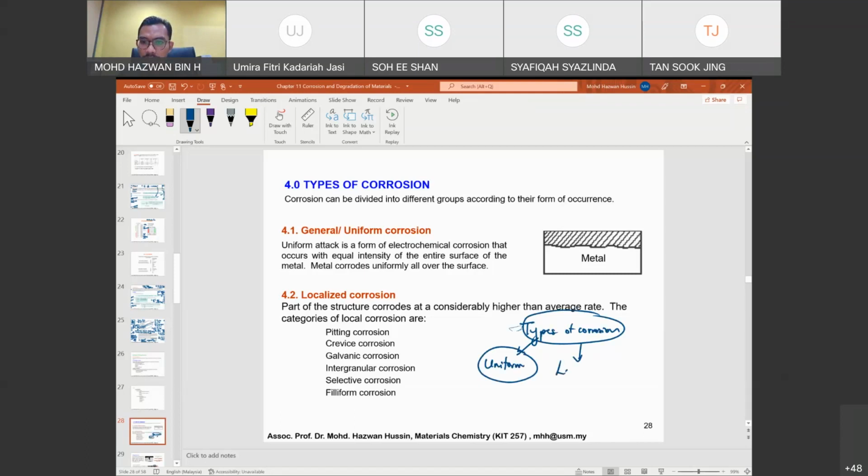We have localized, and for localized, you can have pitting, crevices, galvanic, intergranular, selective, and also filiform.